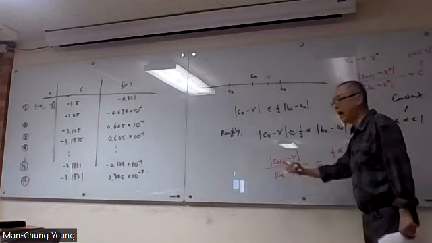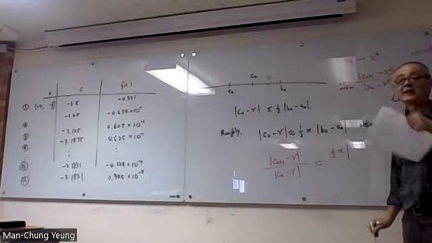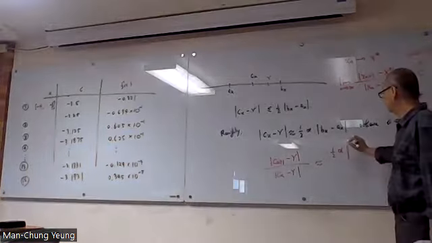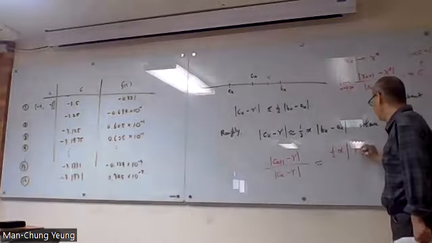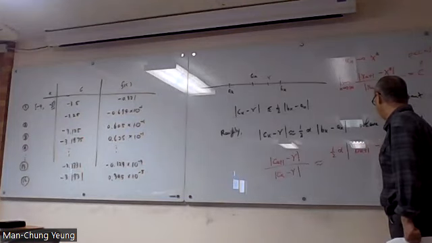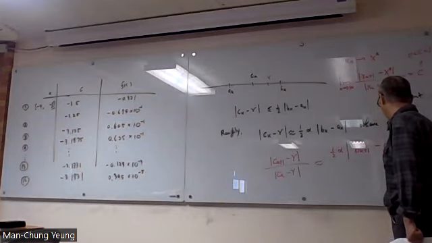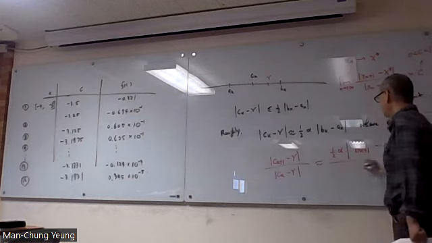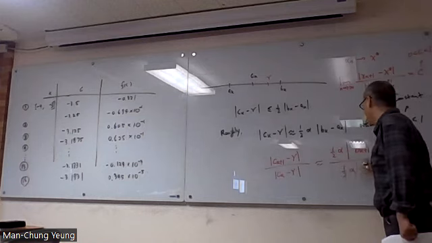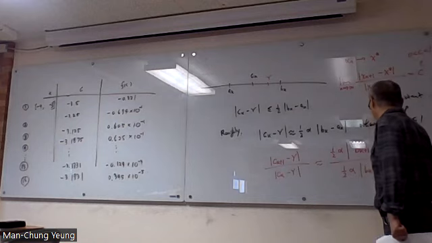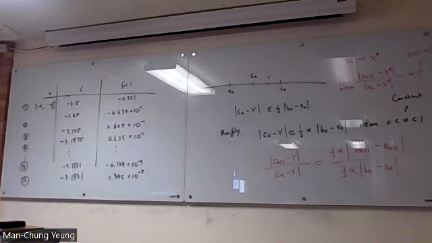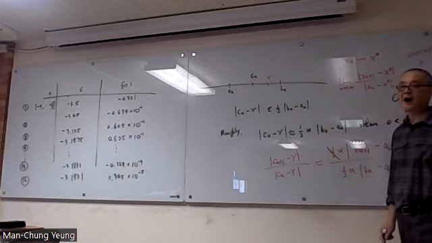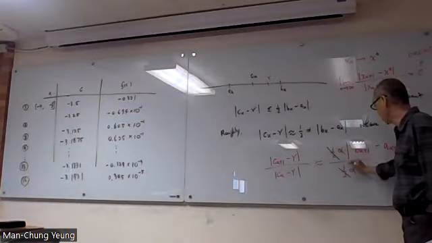Okay. c_(k+1) is the midpoint of a_(k+1) to b_(k+1). So this is b_(k+1) minus a_(k+1), then over 1/2 alpha (b_k minus a_k). Right, now we can cancel out 1/2.